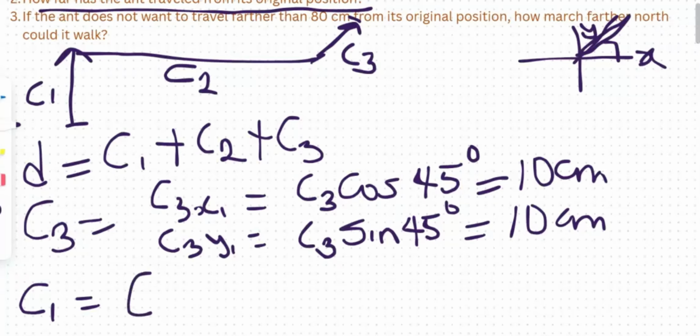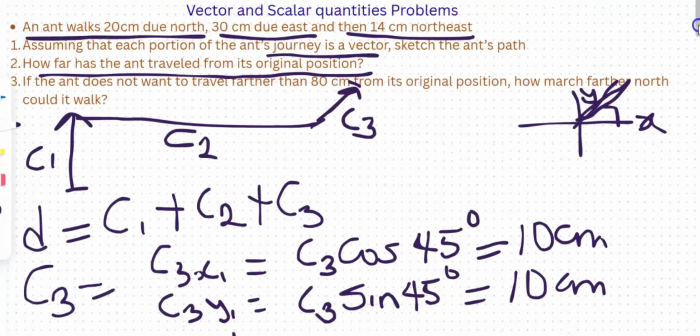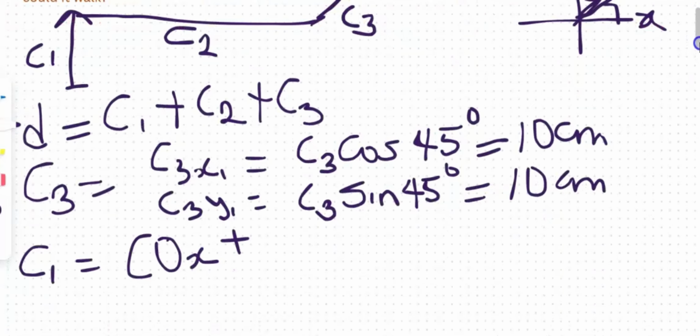Since C1 is going through the north, it will be 0x, it doesn't have an x, plus 20 to the north. I think it was 20, or was it 10? 20 to the north. Then 20 will be for the y. You see?